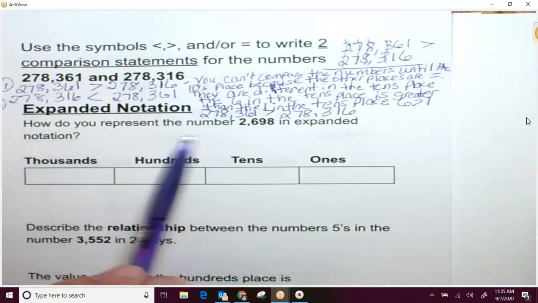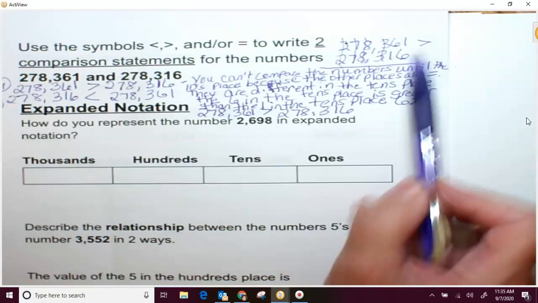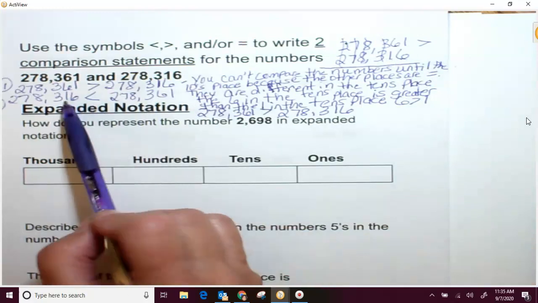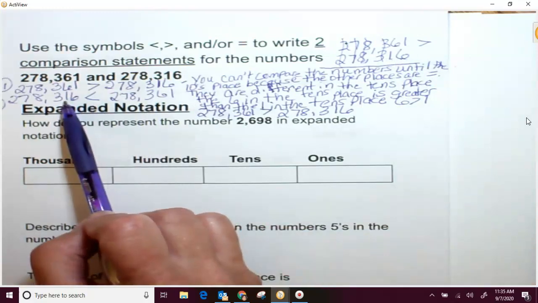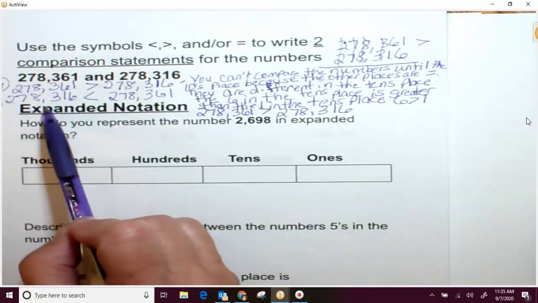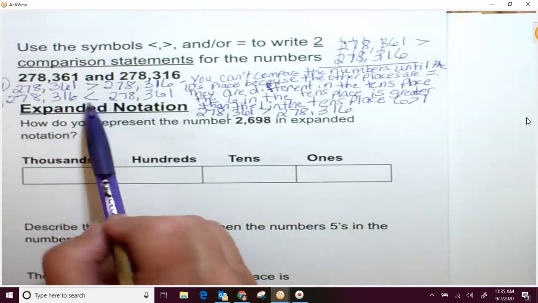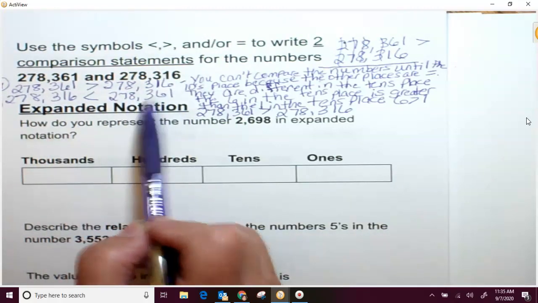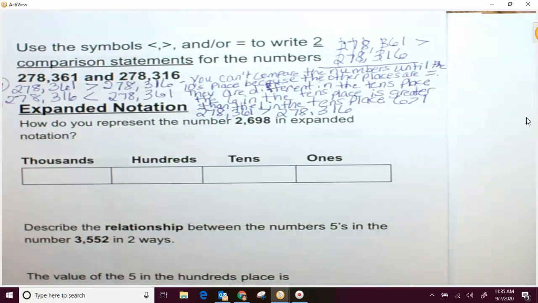The 1 in the tens place in the first number is less than the 6 in the tens place in the second number. So 1 is less than 6 this time. So that would mean 278,316 is less than 278,361. So that's how you justify your answer.